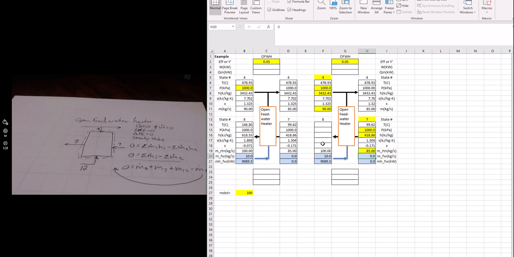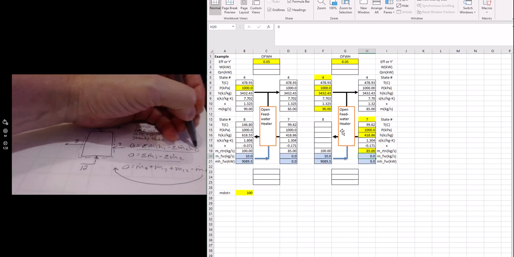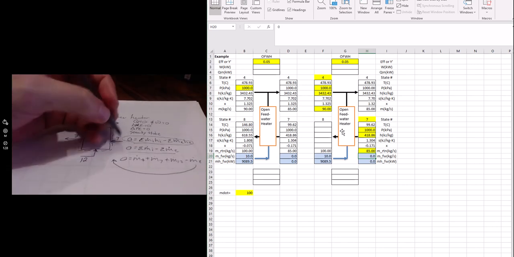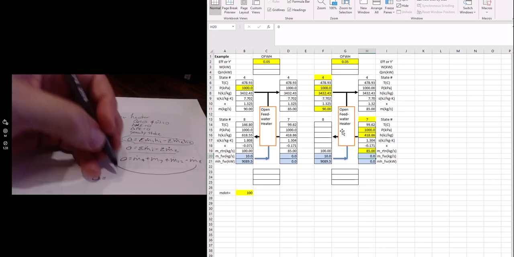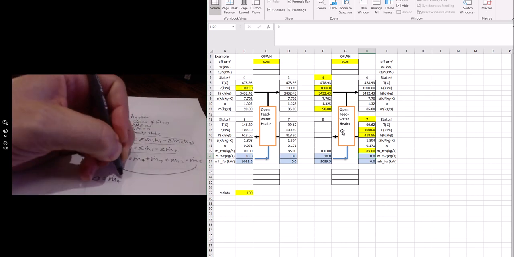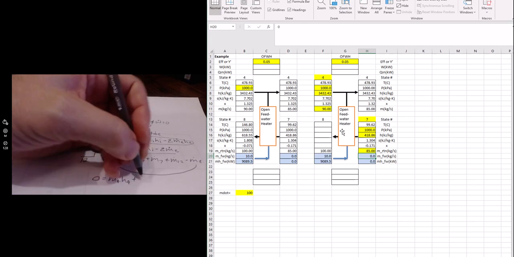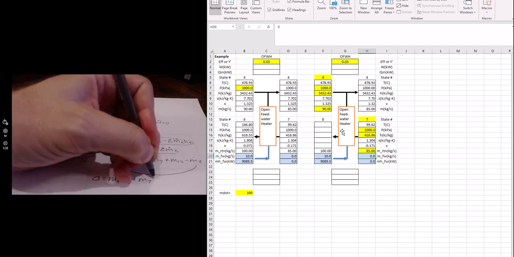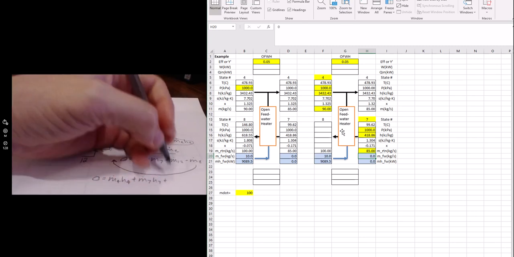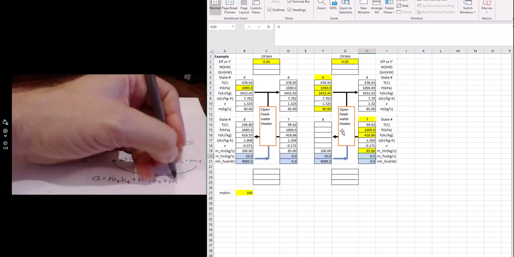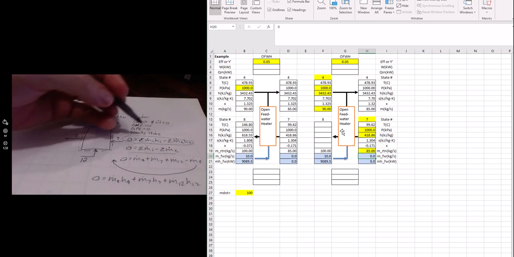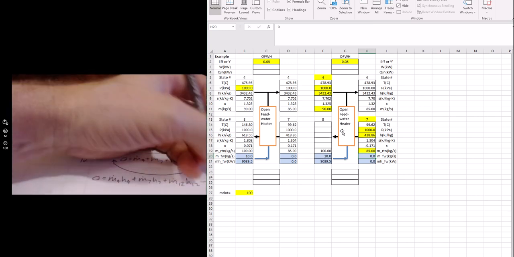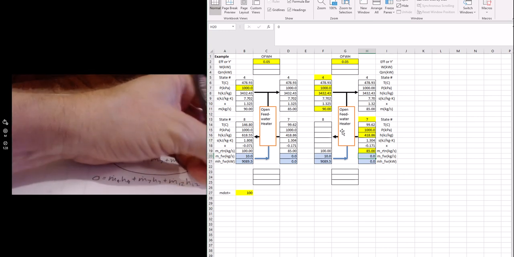So that one's done. And now I'm going to use this equation to solve for H8. So let's write that. 0 equals m dot times H for each inlet. So m dot 4 H4 plus m dot 7 H7 plus m dot 12 H12, and then minus m dot 8 H8.